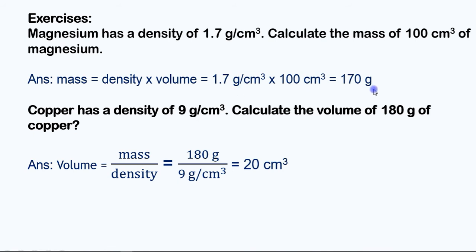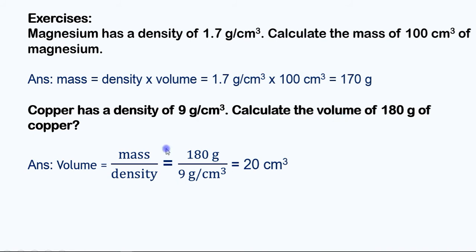The next example, copper has a density of 9 grams per centimeter cube. Calculate the volume of 180 grams of copper. So here we have the density of copper and we are given the mass of the copper and we need to find the volume.